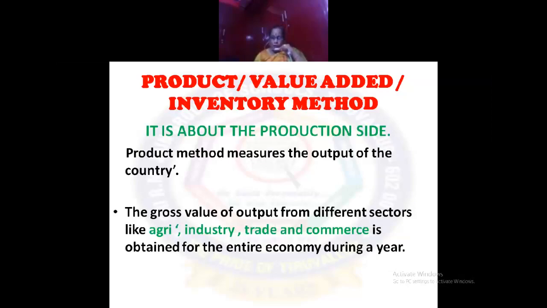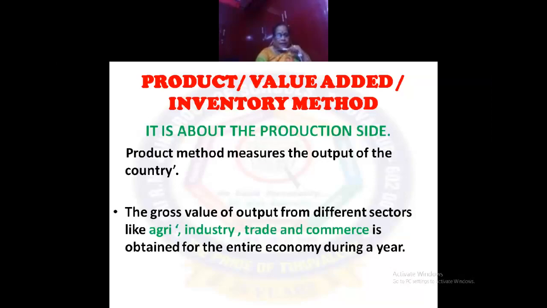The value of final product is derived by the summation of all the value added in the productive process. To avoid double counting, either the value of the final output should be taken into account to estimate the GDP, or the sum of value added of all the products should be taken.